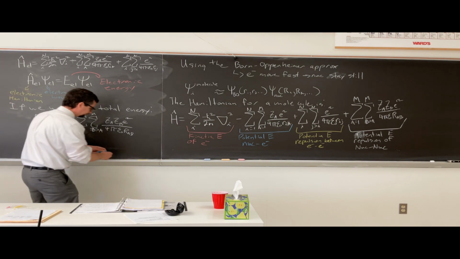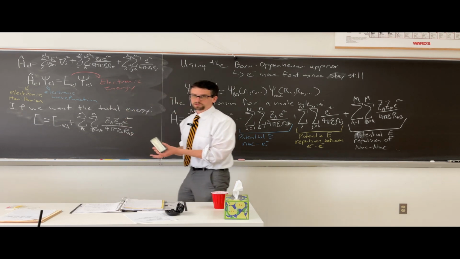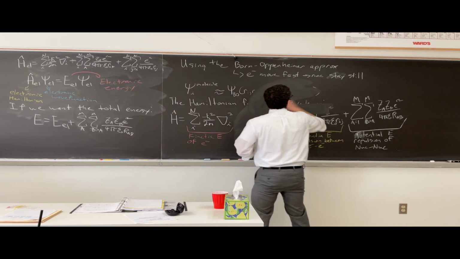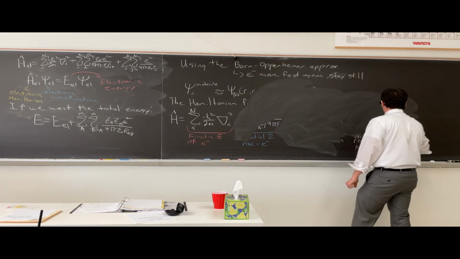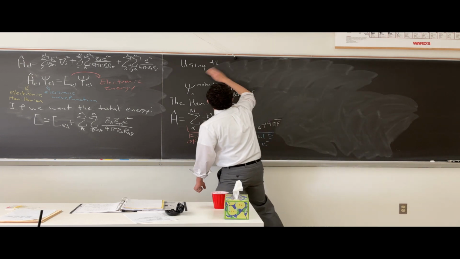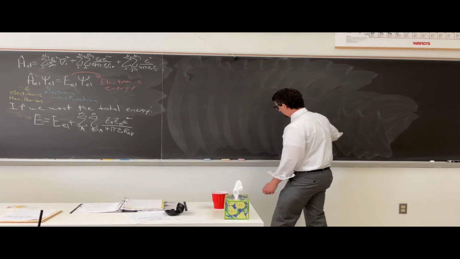Okay. So from here on, though, we're just going to use the electronic wave function, because it's simpler. We've ditched some stuff out of our Hamiltonian, and it makes our lives a tad easier.